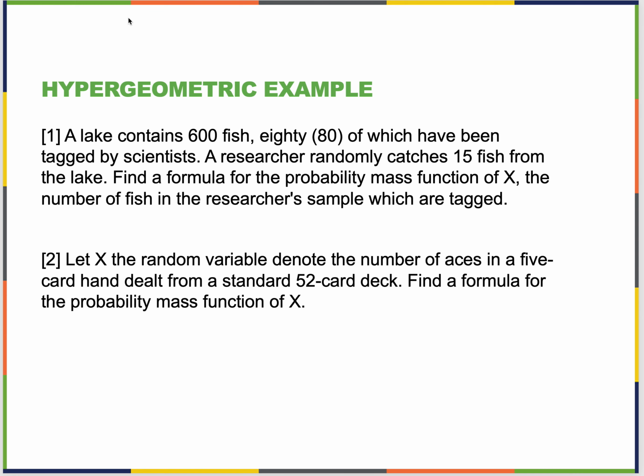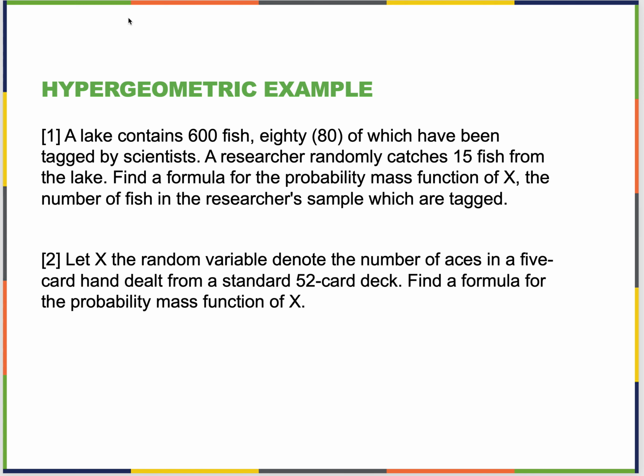There's a couple other problems you can do. I'll let you do the lake one. A lake consists of 600 fish, 80 of which have been tagged by scientists. A researcher randomly catches 15 fish from the lake. Find the probability mass function for X, the number of fish in the researcher's sample that were tagged. So he's collecting 15 fish. And you've got to look at what it is.